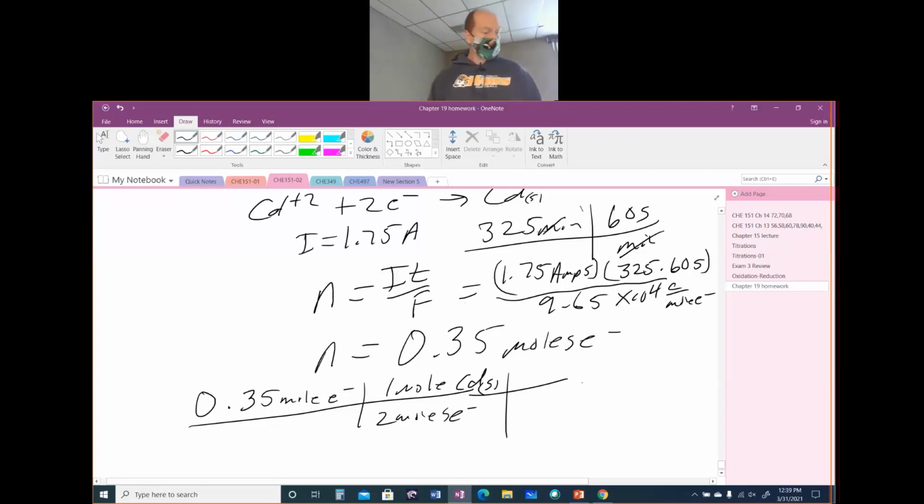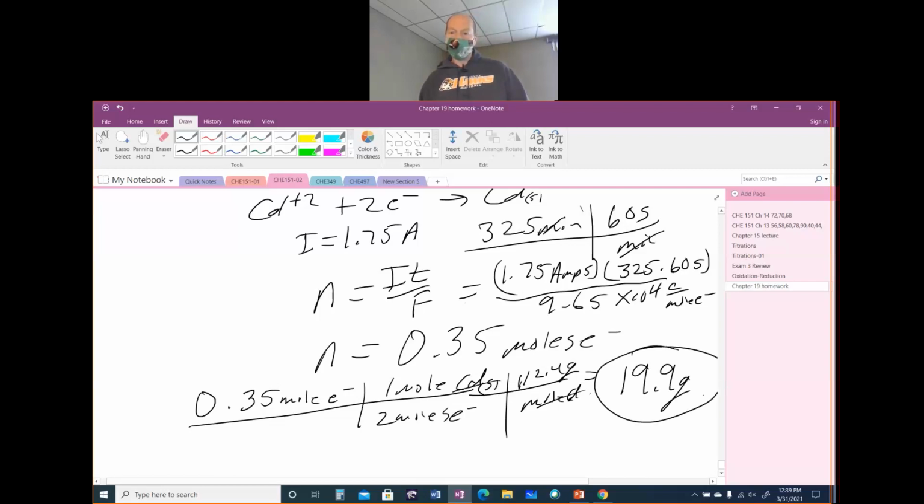So you go to molar mass, 112.4 grams per mole of cadmium from the periodic table. You push the buttons and you get 19.9 grams of cadmium deposited if your current is 1.75 amps and your time is 325 minutes.